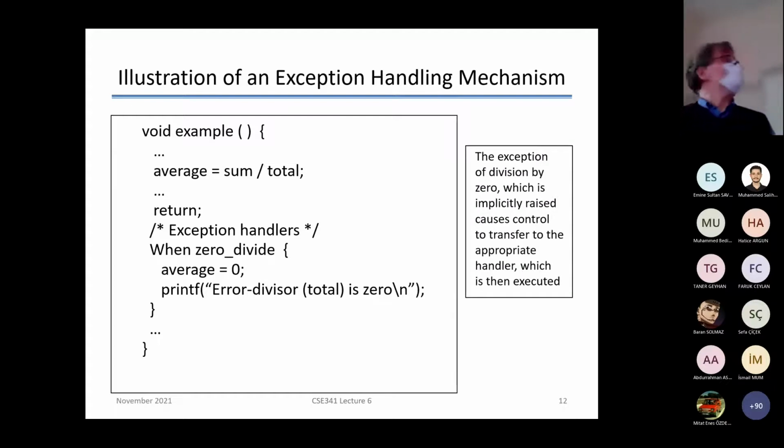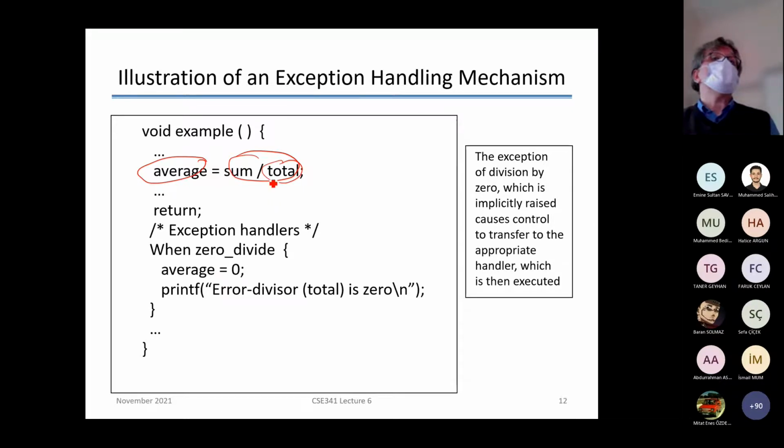So you see an example here. We have an assignment and expression, and this expression is expected to cause an unusual event when the total is less than or equal to 0.